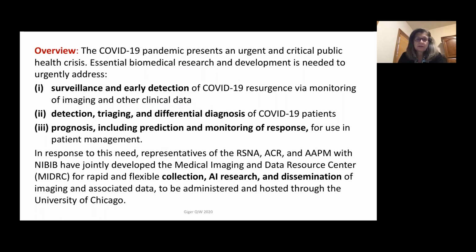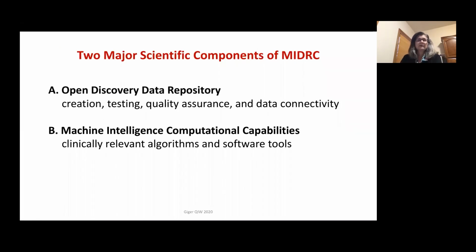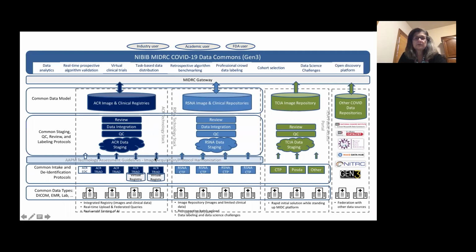So this effort is for the rapid and flexible collection, AI research, and dissemination of imaging and associated data. Two major components of it are to create the open discovery data repository, including creation, testing, quality assurance, and data connectivity, and machine intelligent computational capabilities, clinically relevant algorithms, and software tools.